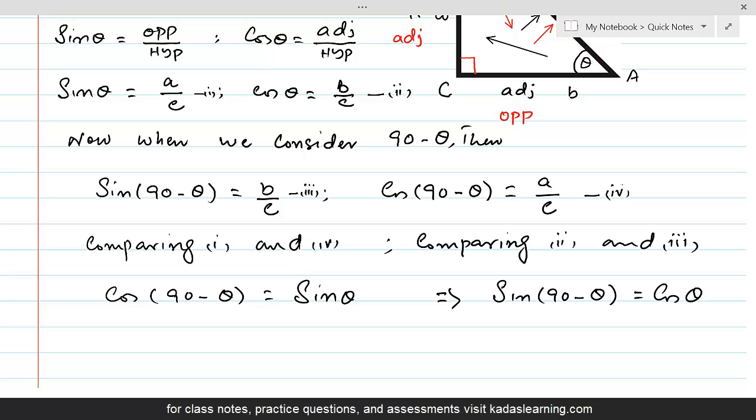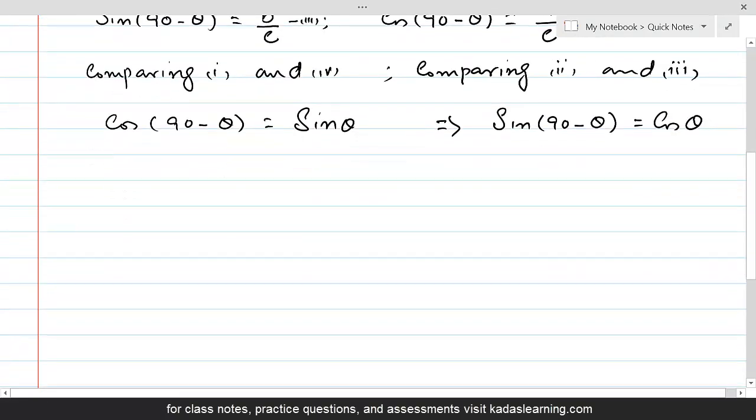But whenever an angle is subtracted from 90 degrees, it seems cos changes into sine, sine changes into cos. But it is not only limited to sine and cos. This will have a domino effect, and secant will change into cosecant, cosecant will change into secant, tan will change into cot, and cot will change into tan.